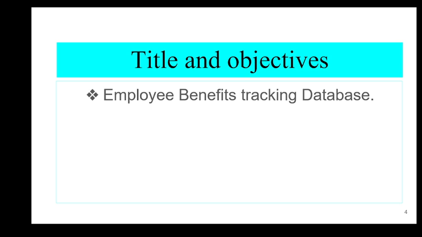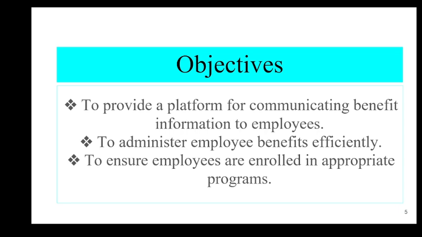Our problem here, we have this database, employee benefits tracking database. It's going to provide a platform for communicating benefit information to employees. The next objective is to administer employee benefits efficiently. The next objective is to ensure employees are enrolled in appropriate programs.